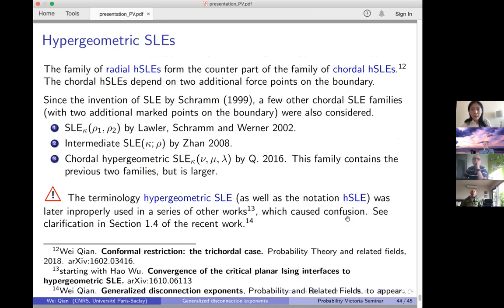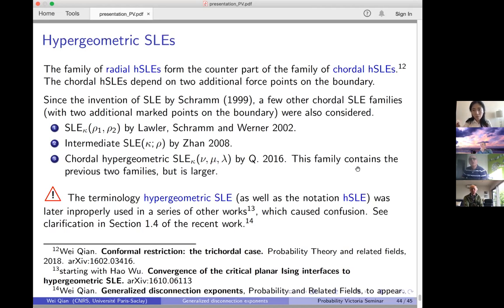So in the end, I also want to take the opportunity to make some clarification about this terminology of hypergeometric SLE. So in this paper, I introduced a family of radial hypergeometric SLE, and this terminology was introduced by me in earlier work on conformal restriction, the trichordal case, where I considered a family of chordal hypergeometric SLE.